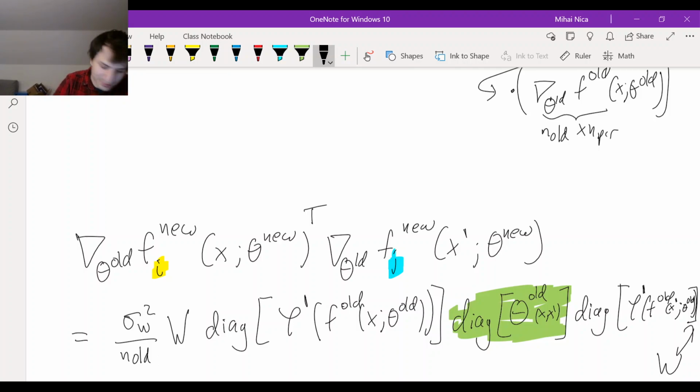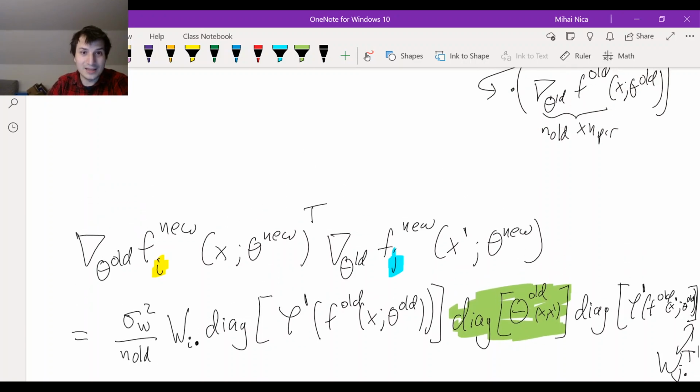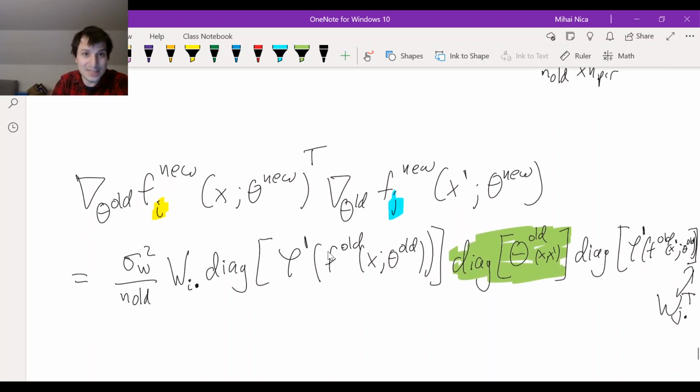So it should be wi dot over here, and over here it's wj dot transpose. So the ith row of w gives you fi new, and the jth row of w gives you fj new. And so that's why we've got this big crazy thing going on. The dot means you take the ith row, you treat it as a vector, and you multiply it all. Okay, so this is the expression, and this is the expression that we hope will converge to the thing we want.